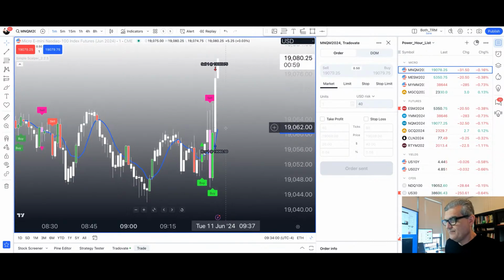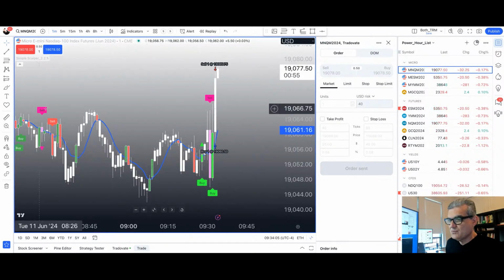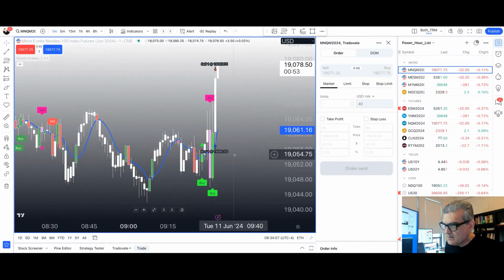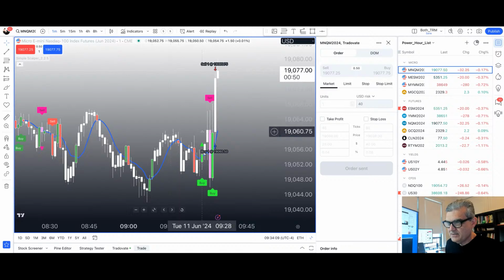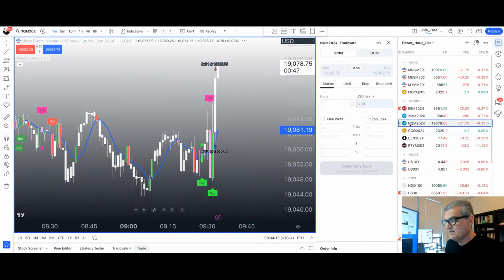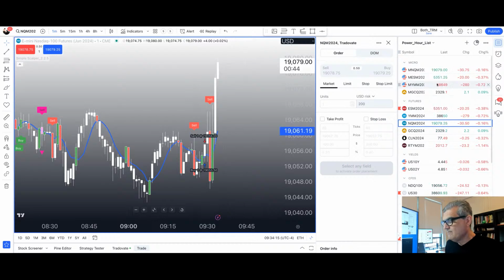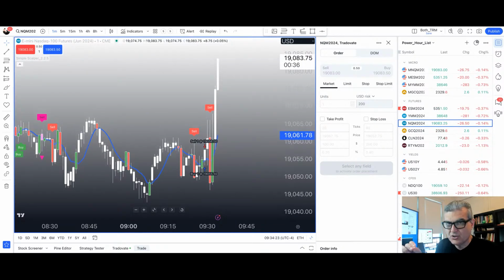My desire here with you guys is just to show you the setup, and you see the setup. So this is actually a crazy switch here. One of the things that is very, very important is we never look at signals on the micro contract. The reason why is because there are just tiny discrepancies. It's a 1-minute chart. There are tiny discrepancies on the micros versus the minis.